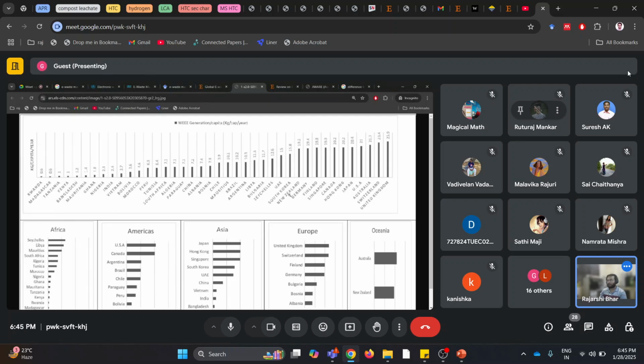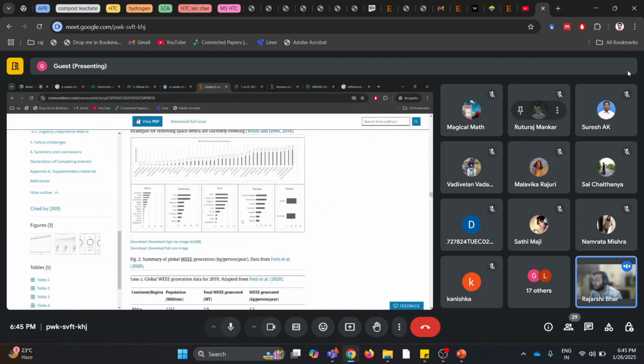While in countries like China, and let's see if India is here, yes, India is here. In India, just 2.4 kgs of waste is generated per capita per year. So it is much, much smaller than that of China. That is what I was trying to explain.